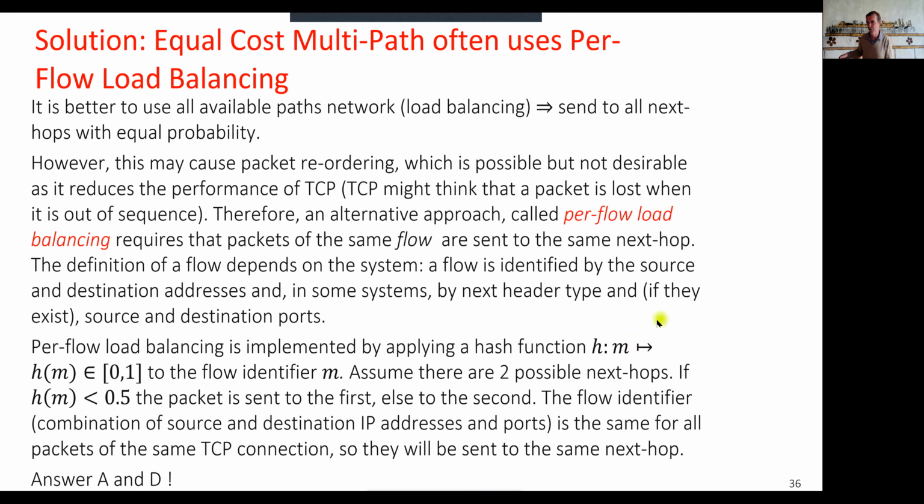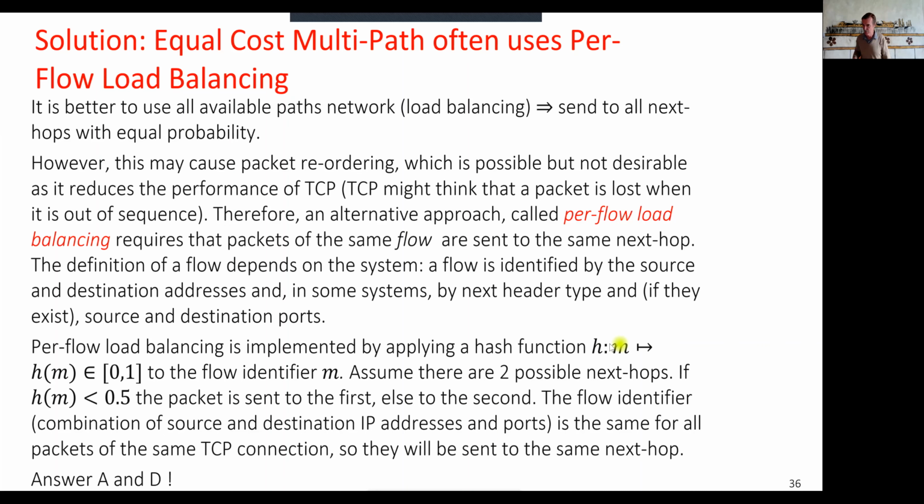This is, for example, the source and destination pair, source IP address, destination IP address. Sometimes you can also incorporate the port numbers, if they are available. If things are encrypted, you might not see the ports, but if they are available, you might use them.